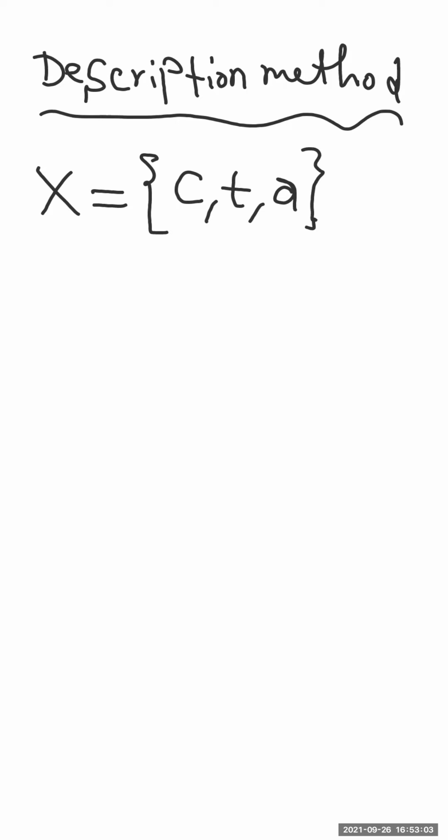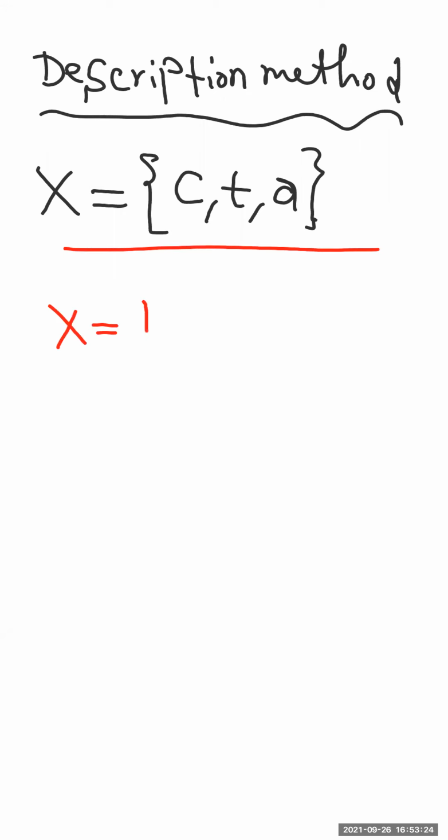If a set is given, like X equals the set of the letters C and T and A, how do we write this using the description method? It was given in the listing method right now, right? It's the set of letters C, T, and A. So how do we describe this one? Simply, in this case, the solution will be like that.